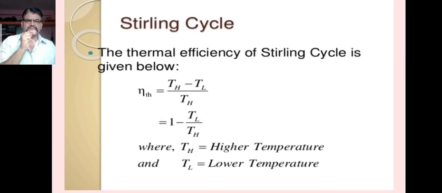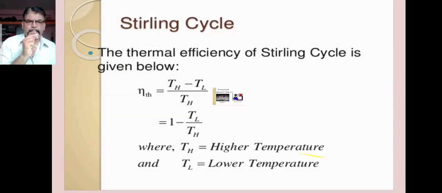The thermal efficiency of the Stirling cycle is given by higher temperature minus lower temperature divided by higher temperature. We can write it as 1 minus TL divided by TH, where TH, or T1 as I have taken before, is the higher temperature, and TL, that is T3, is the lower temperature.